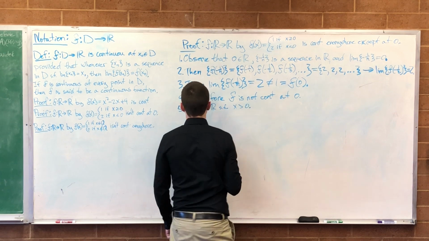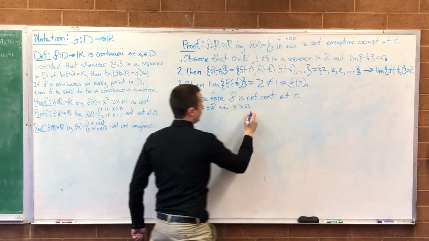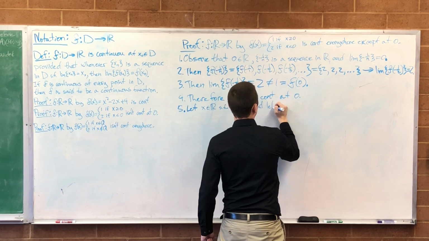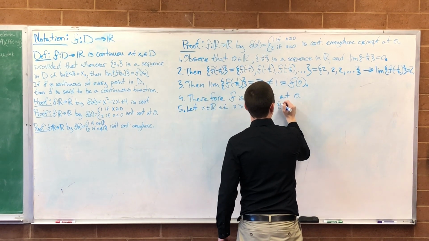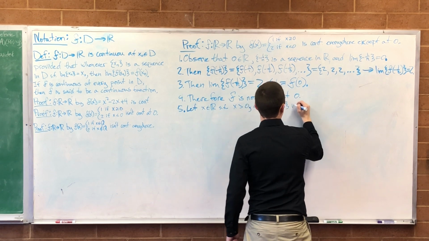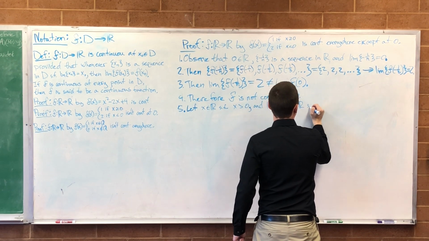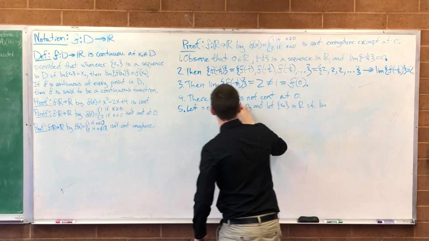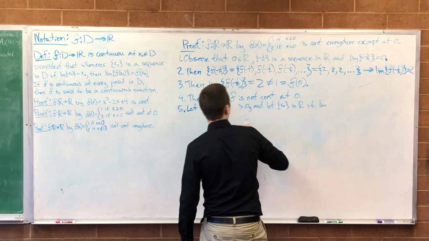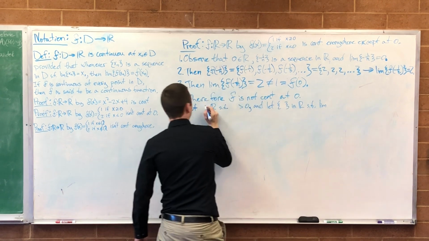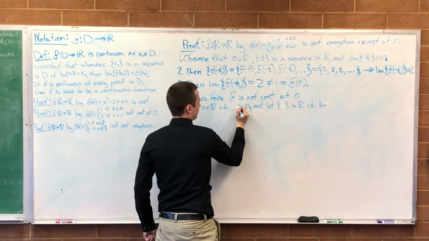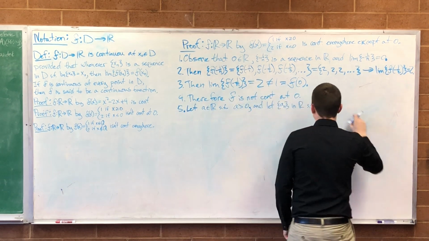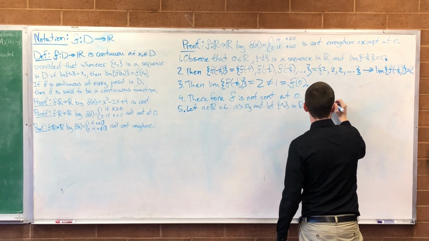Greater than 0? So let x be any point greater than 0, and let's use a's so that we don't get confused with our f of x for our function. So let a be any point in R such that a is greater than 0, and let a sub n be any sequence in R that converges to a.